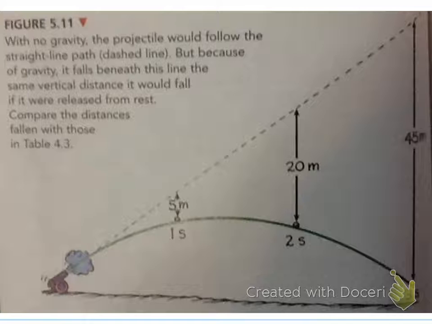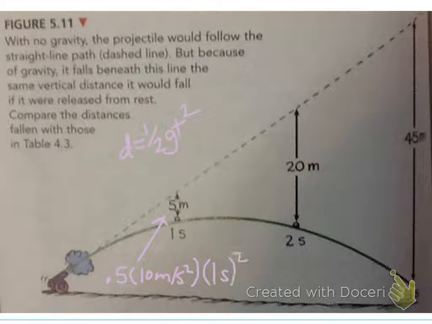So we've done this enough, right? This is our t equals 1 second. Our distance equals 1/2 g t squared. So that 5 meters comes from 0.5 times 10 meters per second squared times 1 second squared, which is 5 meters.